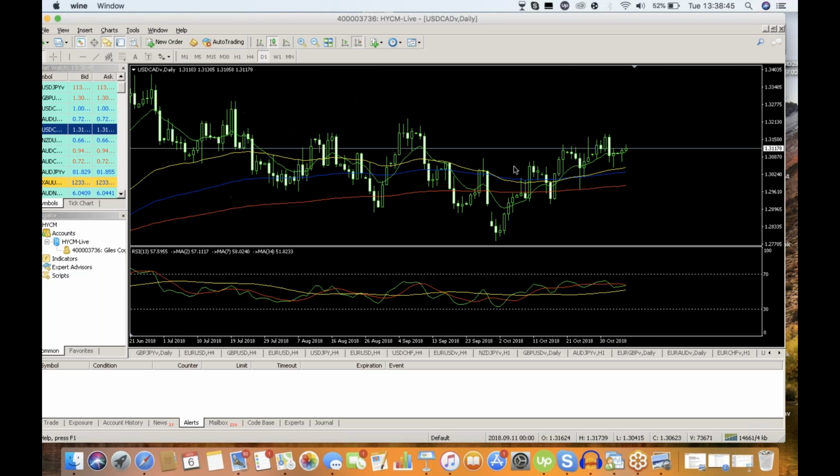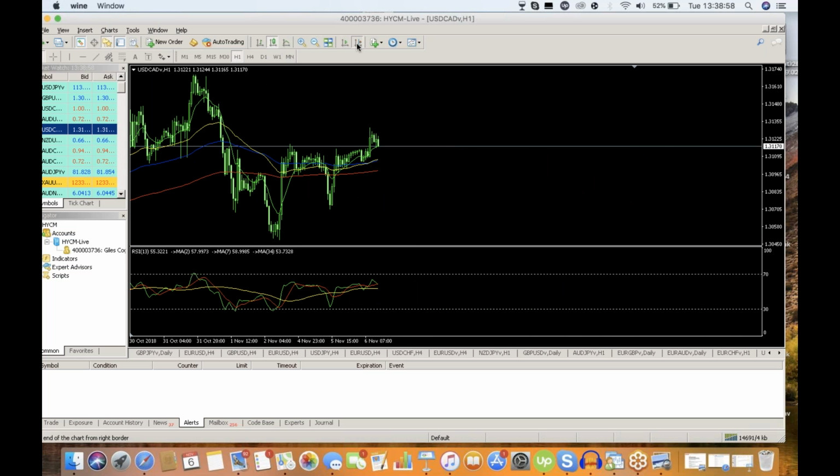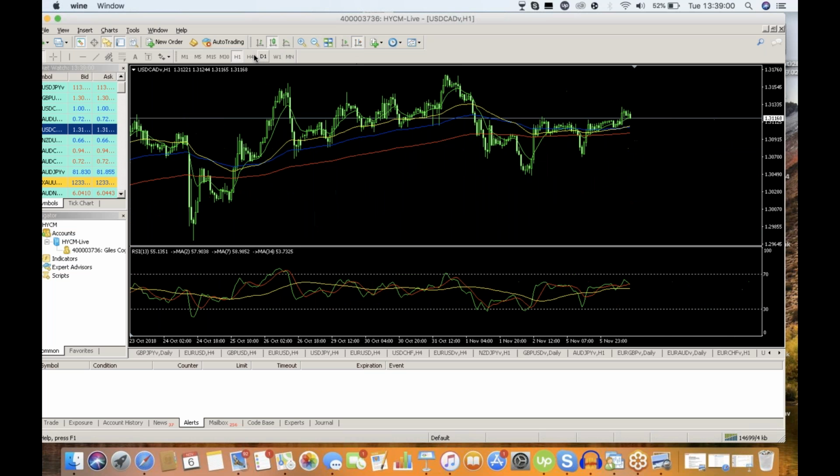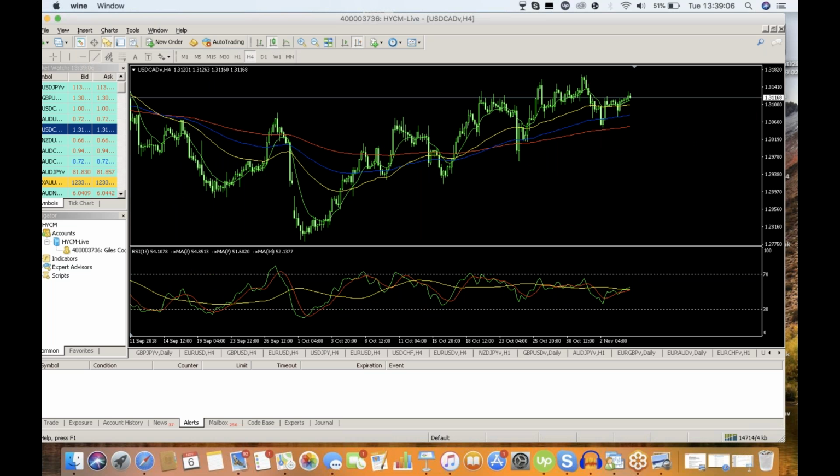You'd expect to see the US dollar Canadian dollar being bought, because the Canadian dollar being sold results in US dollar Canadian dollar strength. Okay, so we now have a key inflection point for the US dollar Canadian dollar. You can see we're sort of hitting a trend line there.